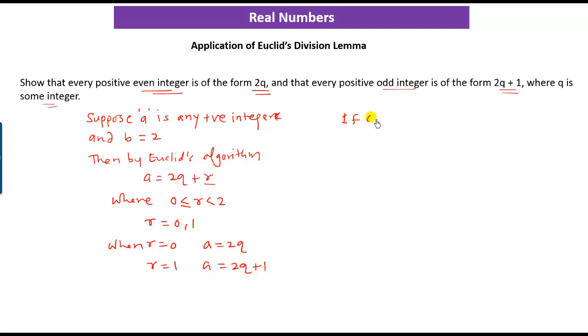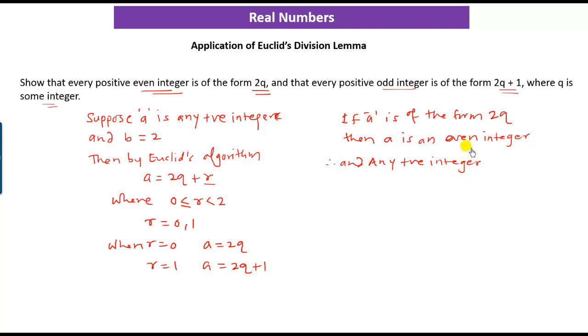If a is of the form 2q, then a is an even integer, and any positive odd integer is of the form 2q plus 1 for some integer q.